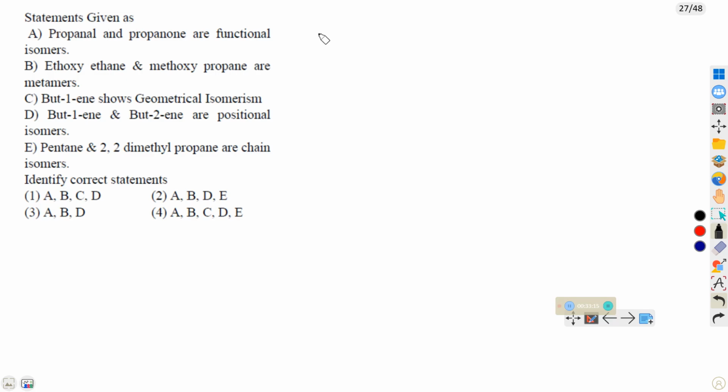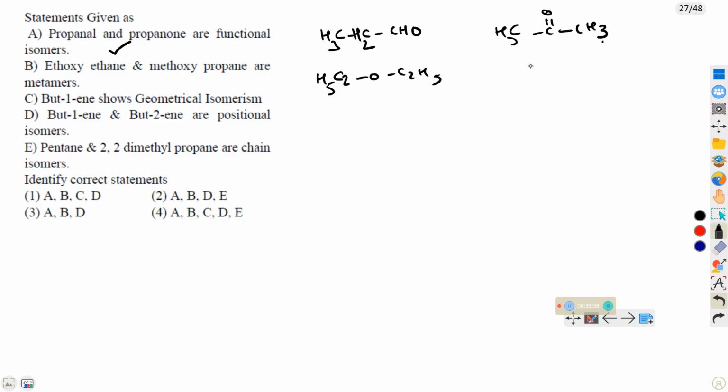Statements given: propanol and propanone are functional isomers. Correct. Ethoxyethane, C2H5OC2H5, and methoxypropane, CH3OC3H7, are metamers. Correct.